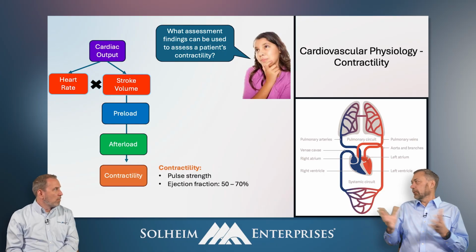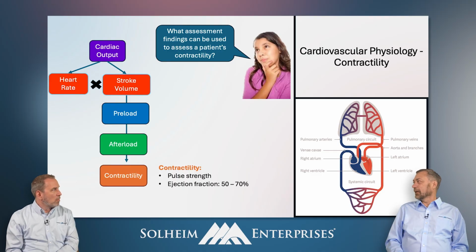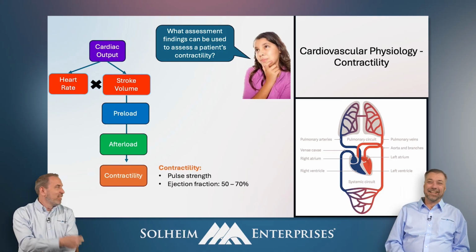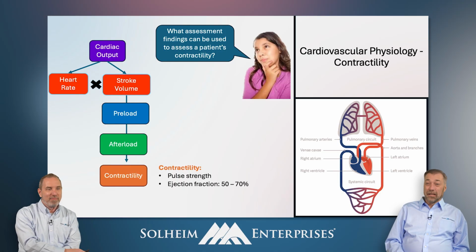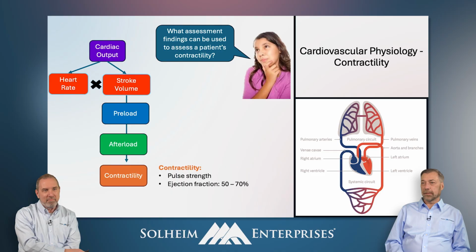Other factors can confound it, but that's a crude measurement. Of course, as I said earlier, the most accurate measurement would be to go to ultrasound and get an ejection fraction, normal being 50 to 70. Which ED nurses hate. You're like, oh my God, they're going to lock down the room for 45 minutes and lights down. And, yeah. So that's kind of how we measure the different components of stroke volume in those different ways.